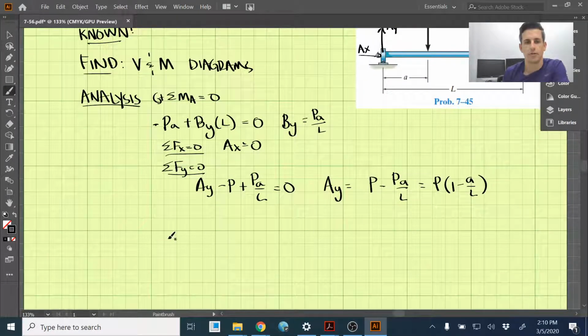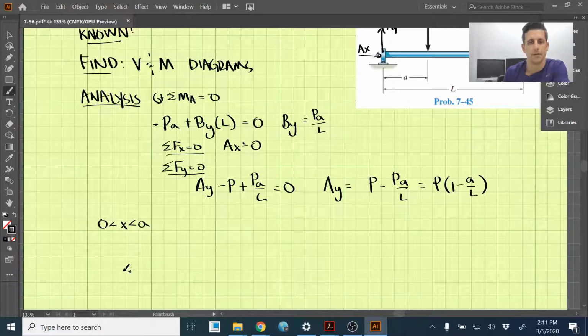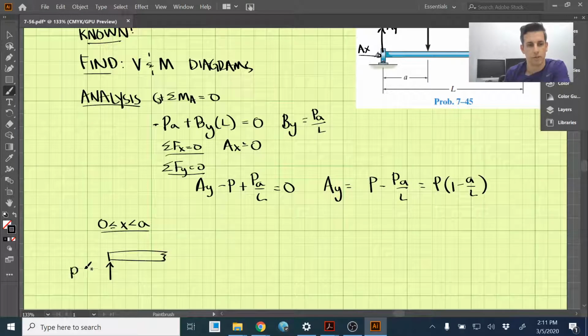I'm going to first start from x equals 0, where x goes from 0 to A. That's the first one I want to take a look at. So we'll draw that diagram of the shaft, and we have Ay here, which is P(1 minus A over L), and then we have our shear force downward and our moment here, and this distance is x.